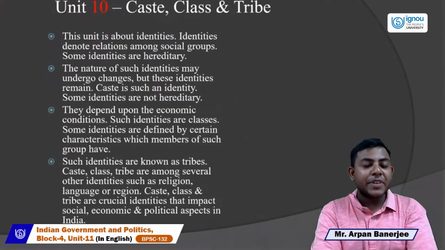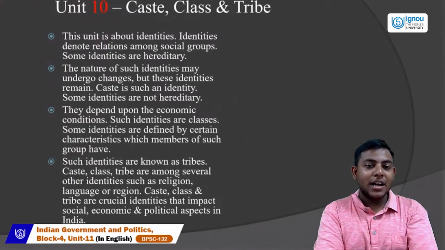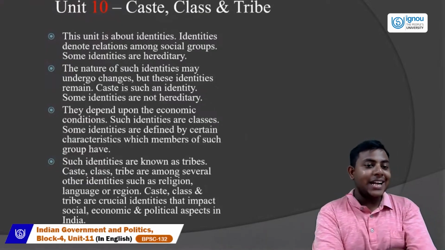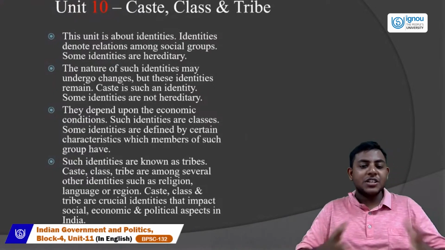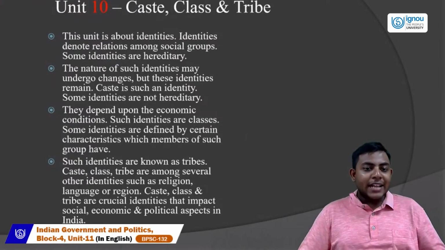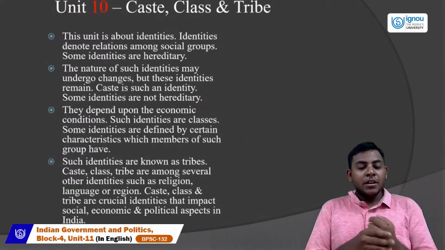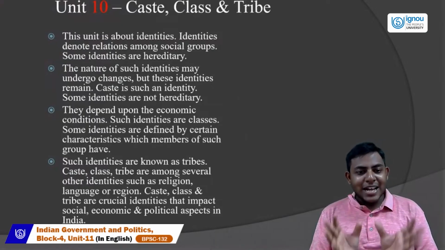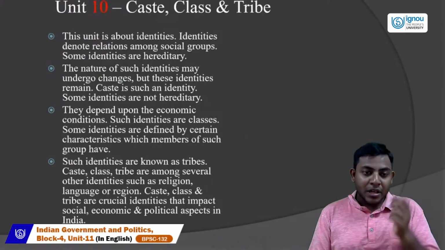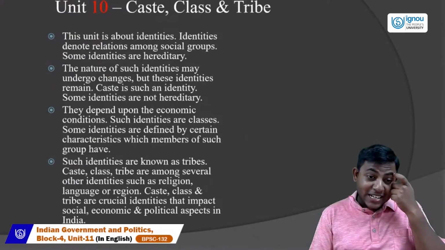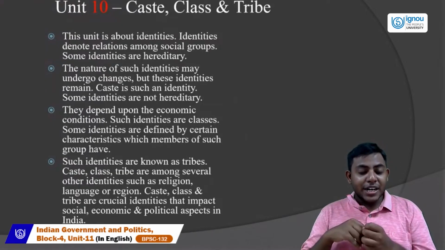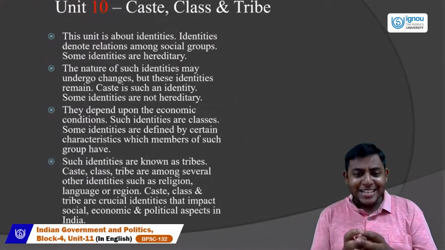This unit is about identities. Identities basically denote relations among social groups. Some identities are hereditary. The nature of such identities may undergo changes, but the identities remain. Caste is such an identity. Some identities are not hereditary; they depend upon economic conditions, and such identities are called class.